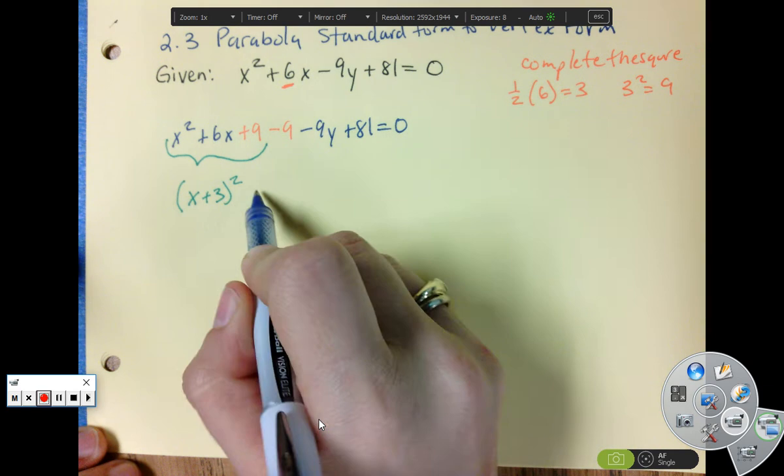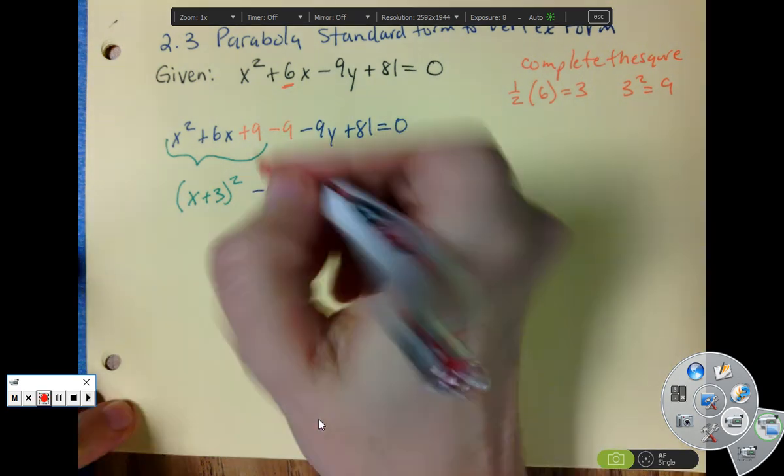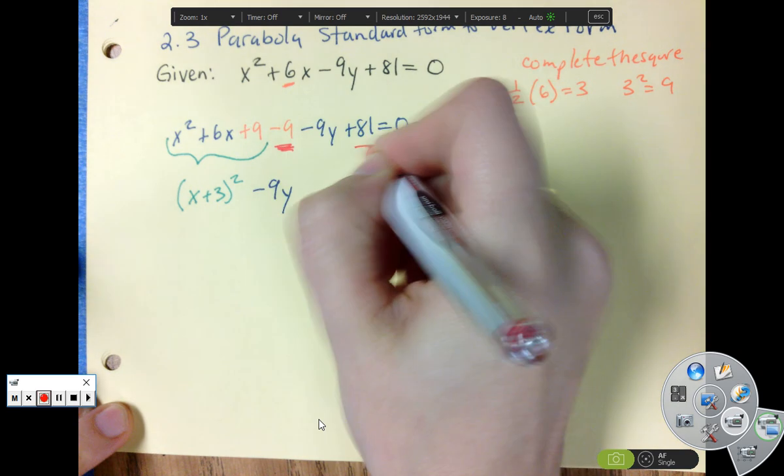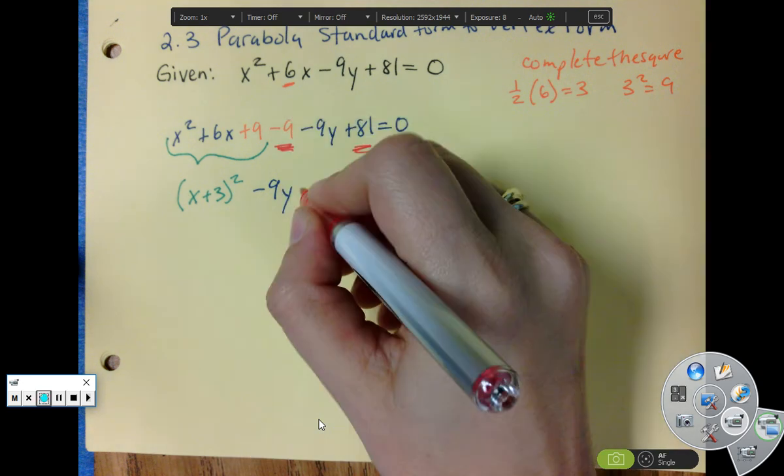Nothing happened there, but I do have the negative 9 and the positive 81. So if I do those, 81 minus 9 would be 72. So then I would have plus 72, and it is still equal to 0.